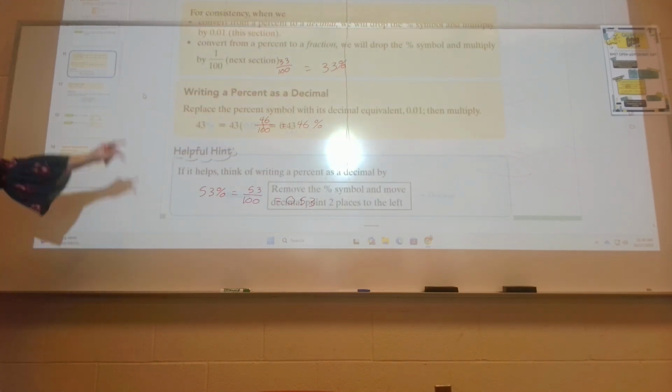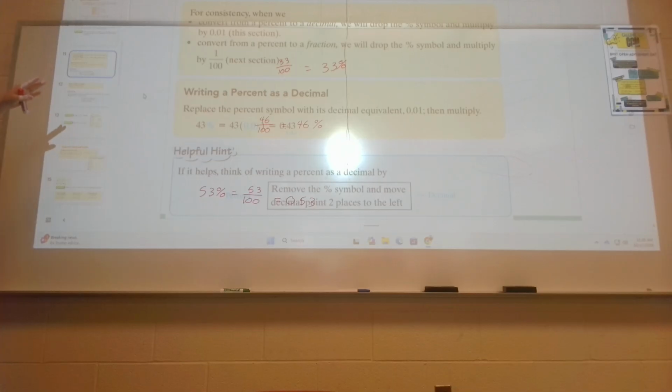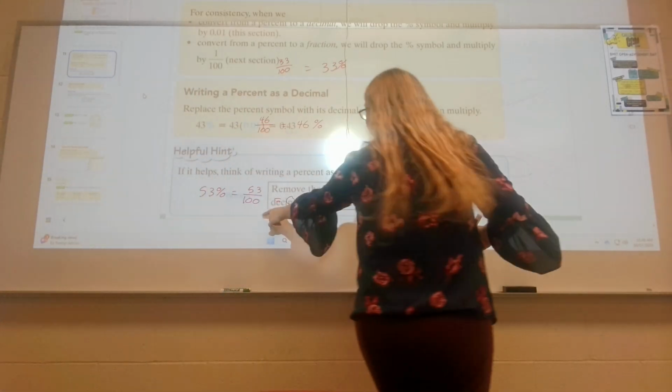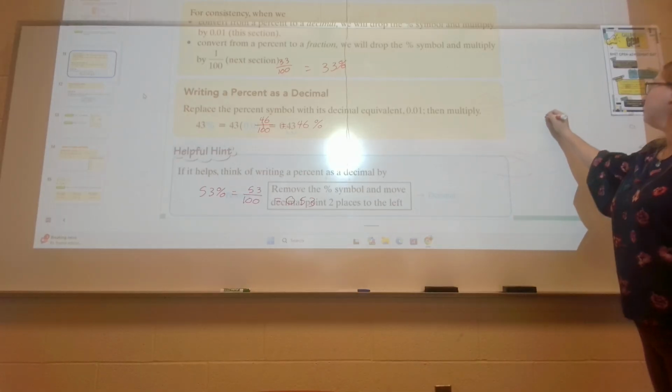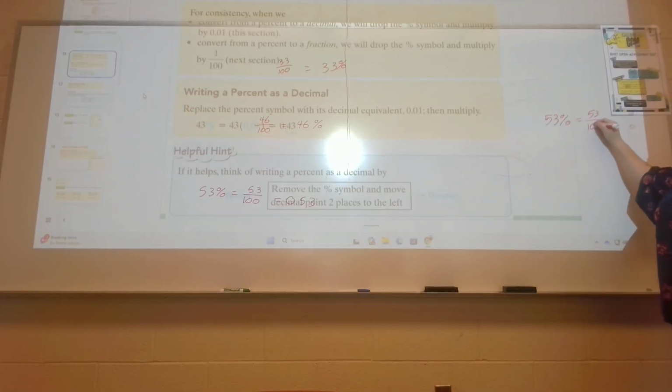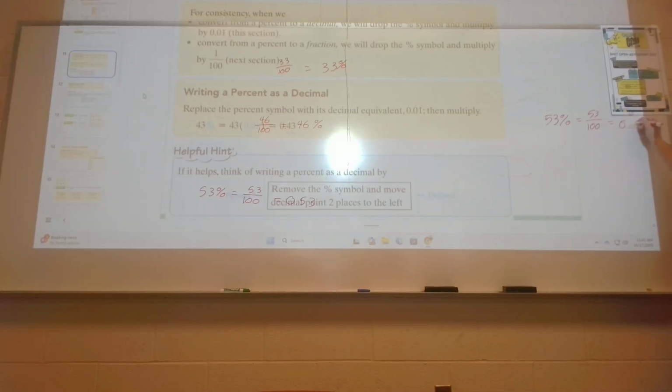Now this gives you a couple of different ways of being able to convert the different values. I'm going to keep my little shortcut thing over here: 53% equals 53 out of 100 equals 0.53. So when we're converting into a fraction, it just means that we're putting it over 100.